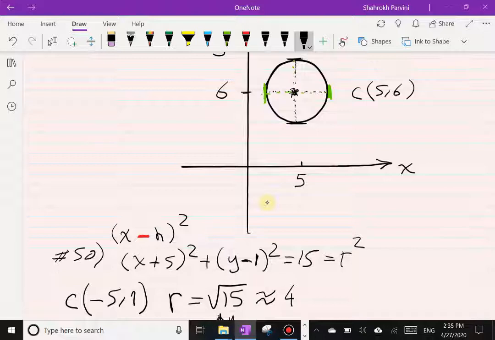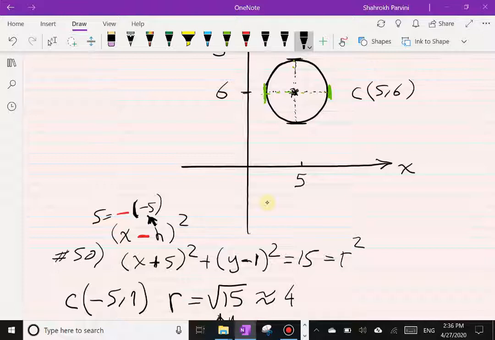So your positive 5, we can write as a double negative, the negative of -5, which is a positive 5. So h is -5.